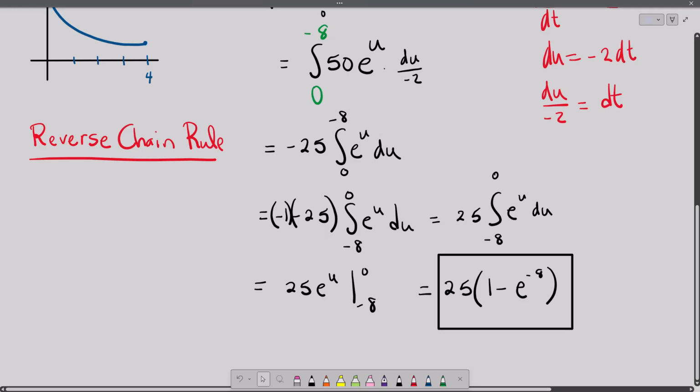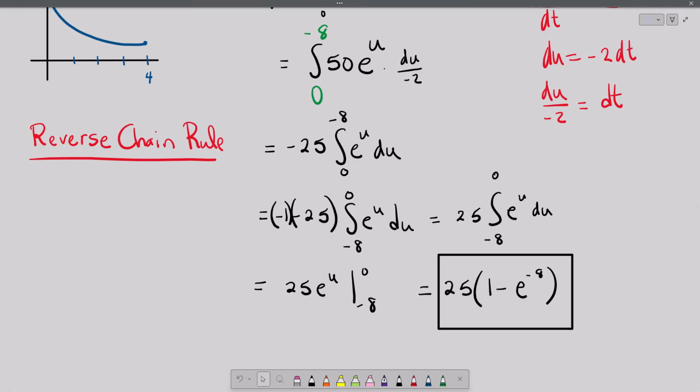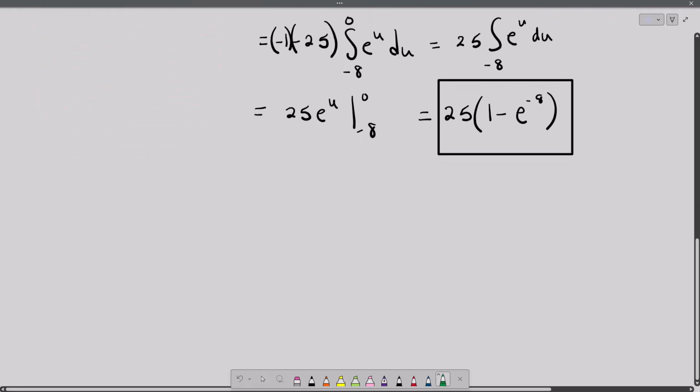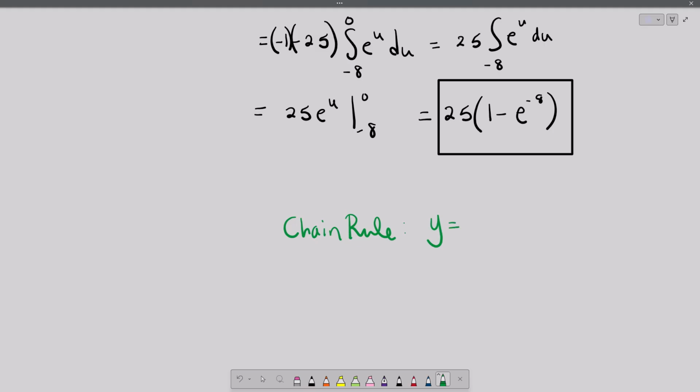Let's remind ourselves what the chain rule is for a moment. If you have a function, say y equals e to the 5x, what is the derivative of e to the 5x?